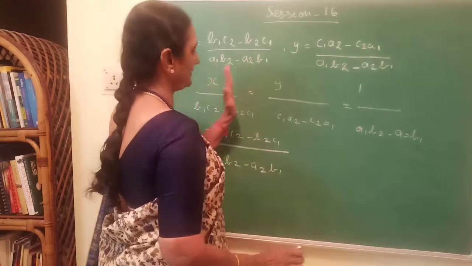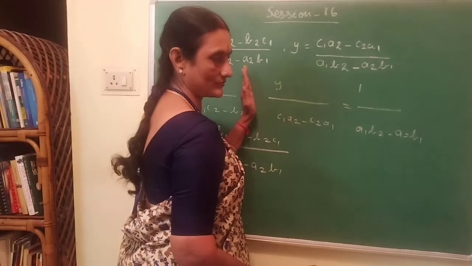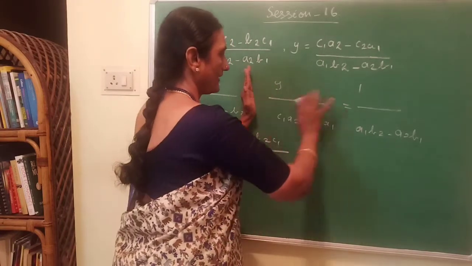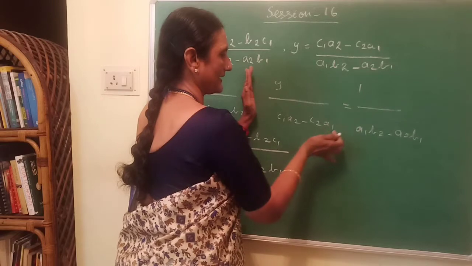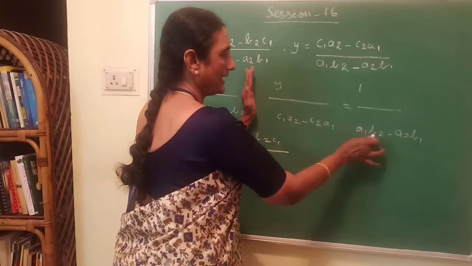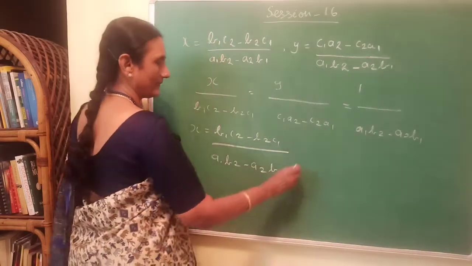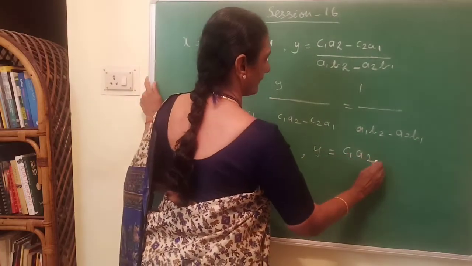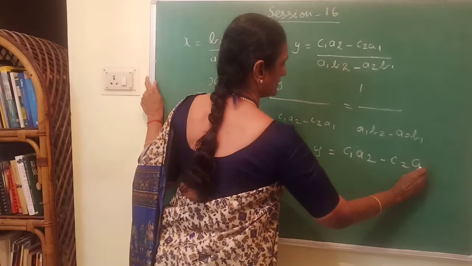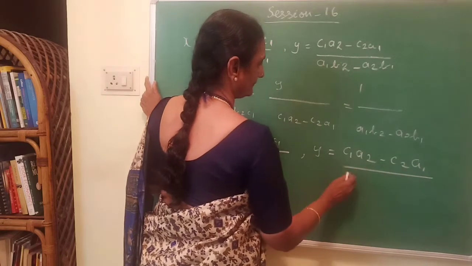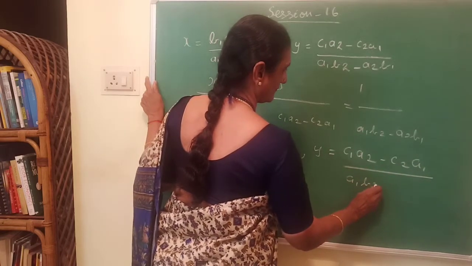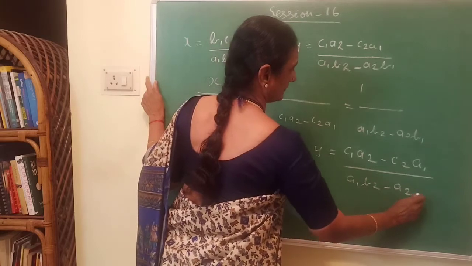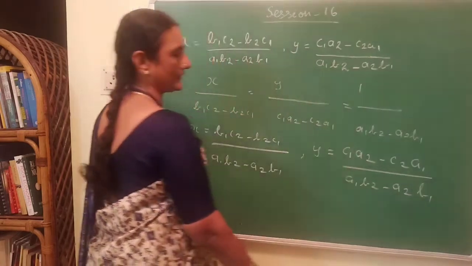Similarly, for y, you don't have to consider this fraction. Y is equal to c1 a2 minus c2 a1 divided by a1 b2 minus a2 b1. This is how you can do it.